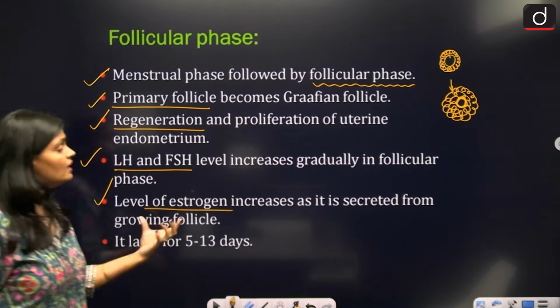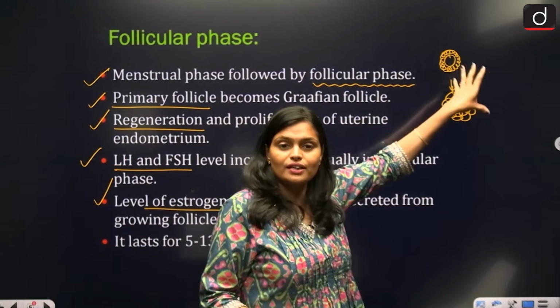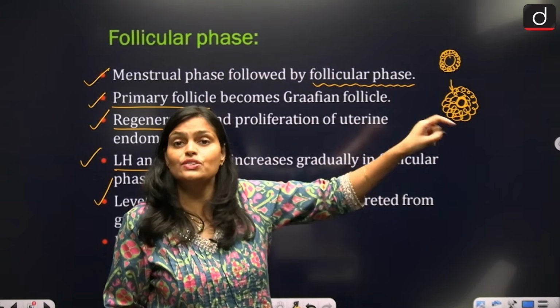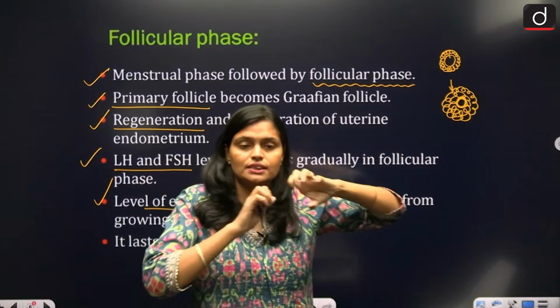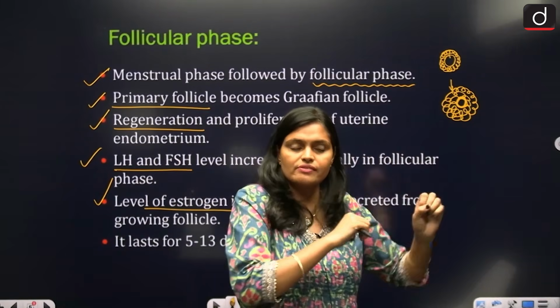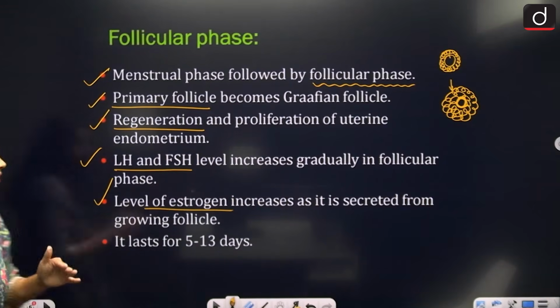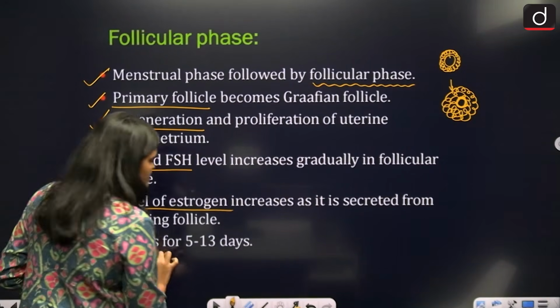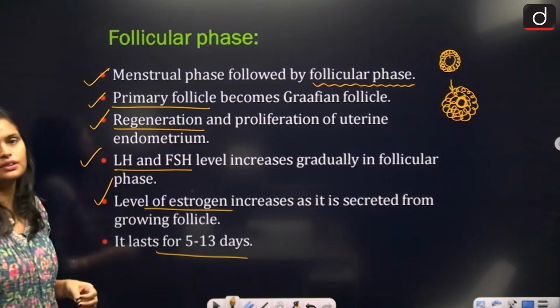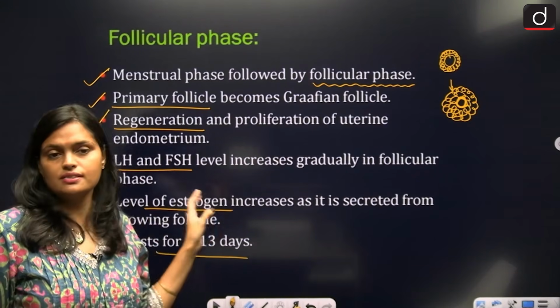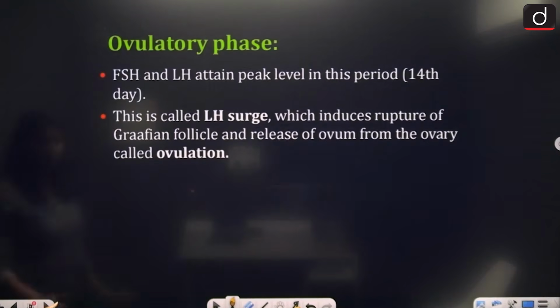Why? Because the follicles are developing and the estrogen is released from these follicles only. तो जैसे जैसे follicle develop होंगे वैसे वैसे estrogen का level भी बढ़ता जाएगा. And this phase lasts for 5 to 13 days.